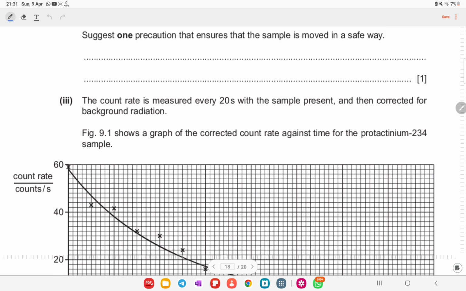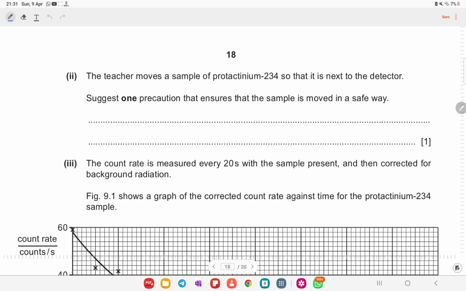Now coming to the next question, the teacher moves the sample so that it is next to the detector. Suggest one precaution that ensures the sample is moved in a safe way. I'll write a few of the precautions so you can remember any one of these. Use special tongs or tweezers, forceps. You can write any.